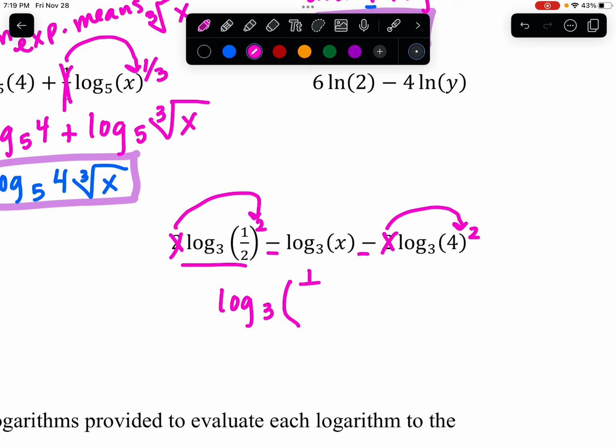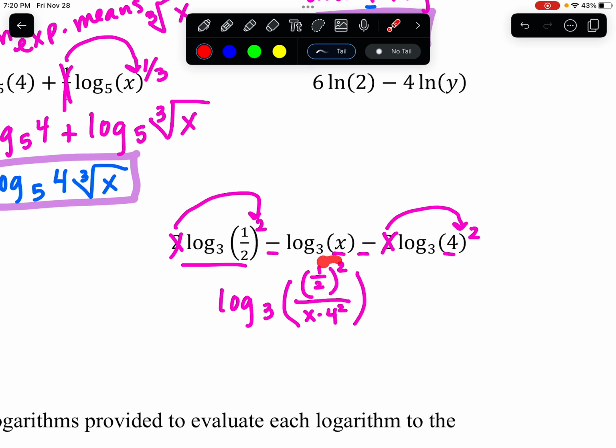1/2 squared. I don't like that. Over x times 4 is 4, or we'll go x times 4 squared. And then we're going to kind of simplify this further.